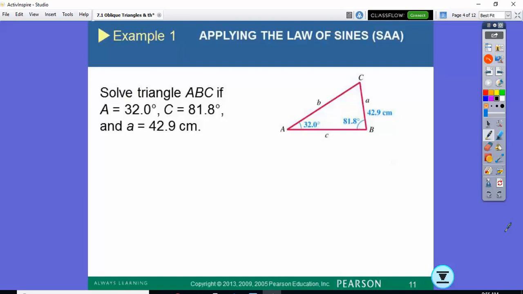Probably easiest to start by finding our missing angle. Oh, I wrote my picture wrong. Let's say angle B is 81.8 degrees. Sorry, I said C, but then I labeled it as B in my picture, so let's just fix that. So I'll give you angles A and B. How would I find angle C?